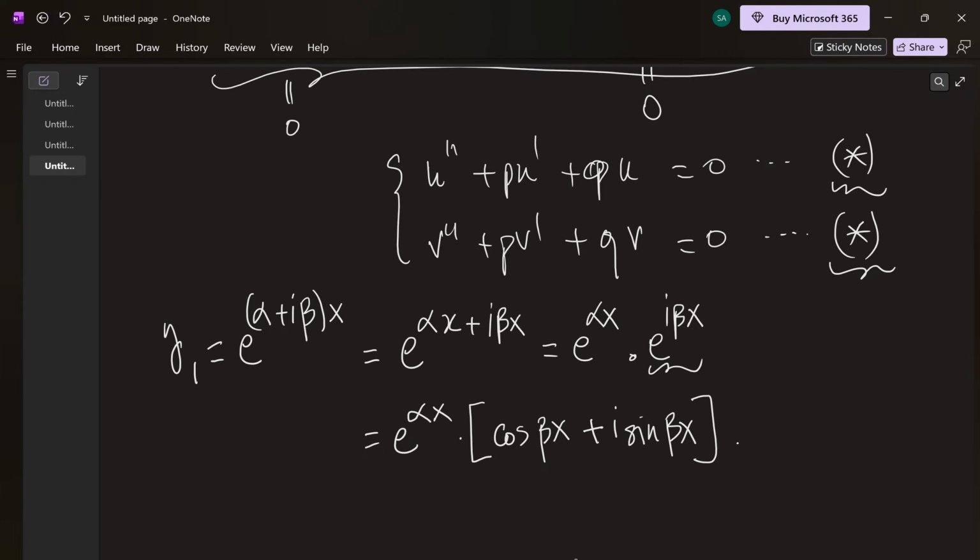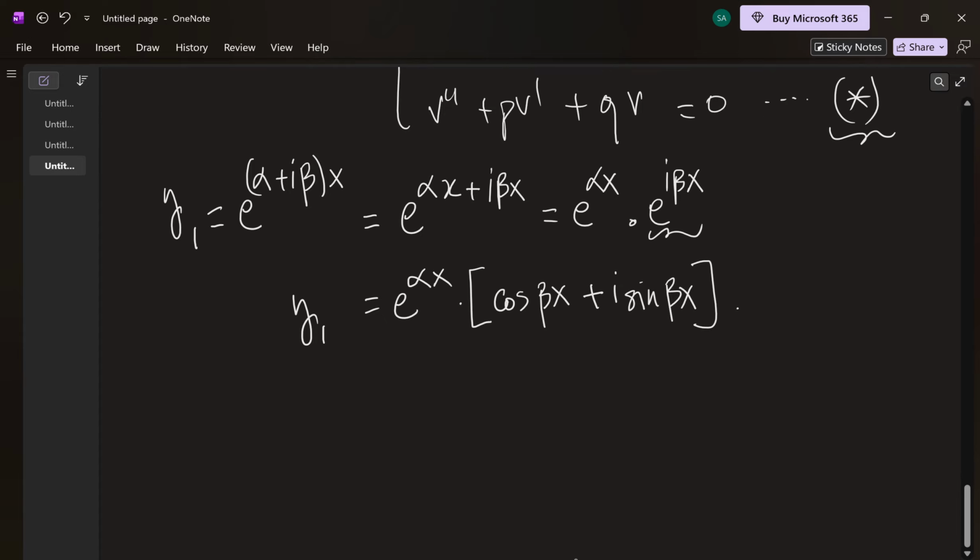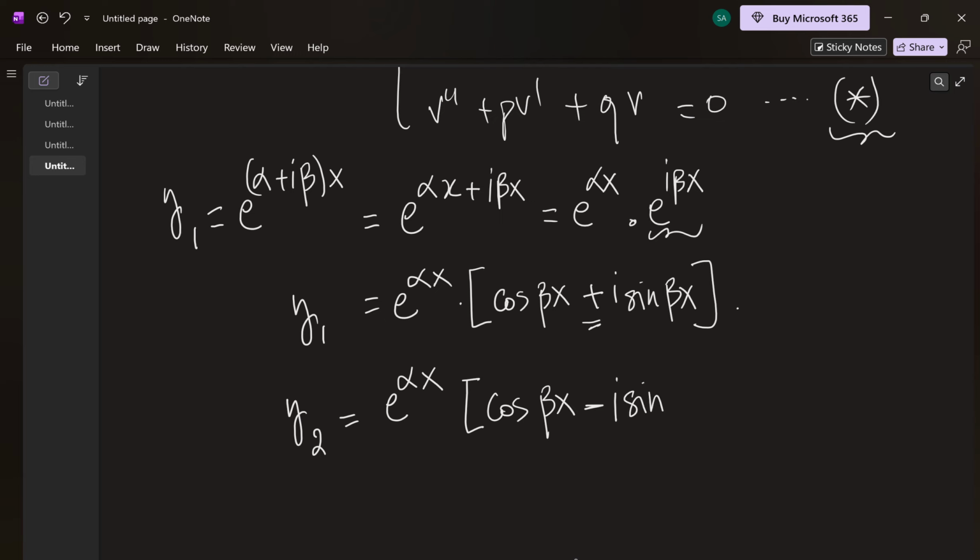So this is the first complex solution, and the second one, by the same reasoning, you will get exponential alpha x times cos beta x, and here not plus but rather minus i sine beta x, since this is equal to exponential alpha minus i beta times x.